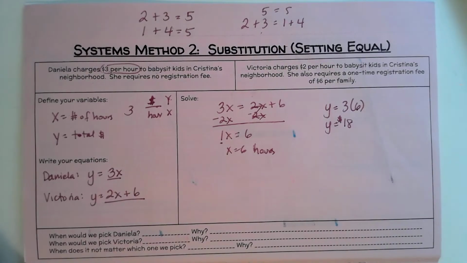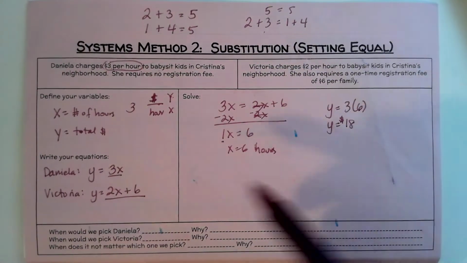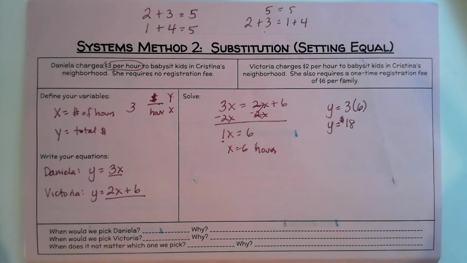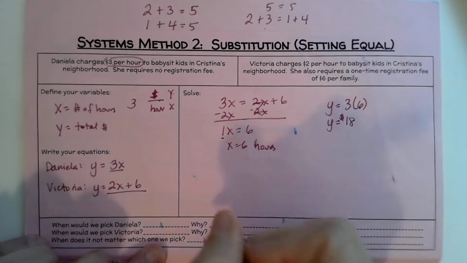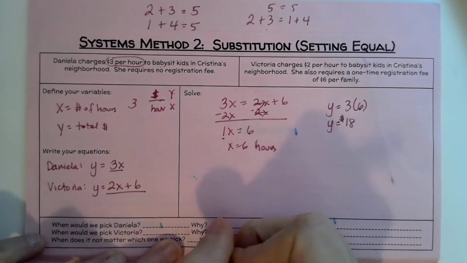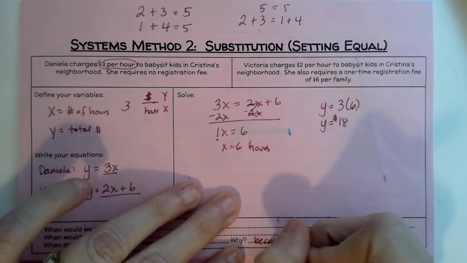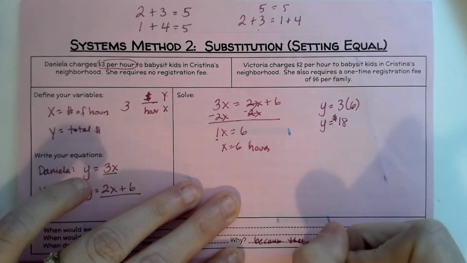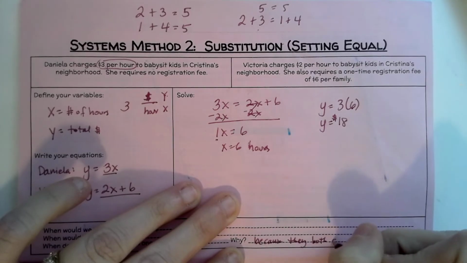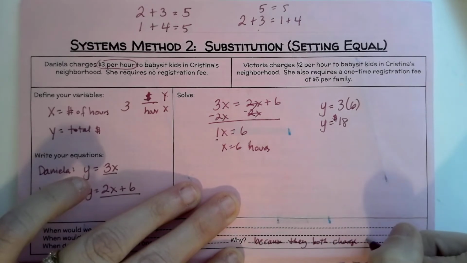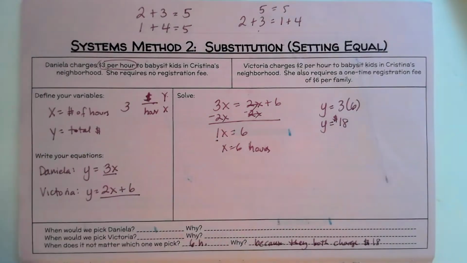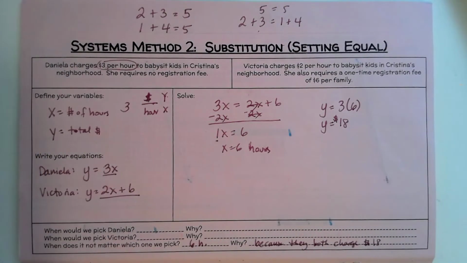If you're having them babysit for 6 hours, it doesn't matter who you pick, which is actually the answer to this question. Why? Because they both charge $18. So at 6 hours, we don't care.